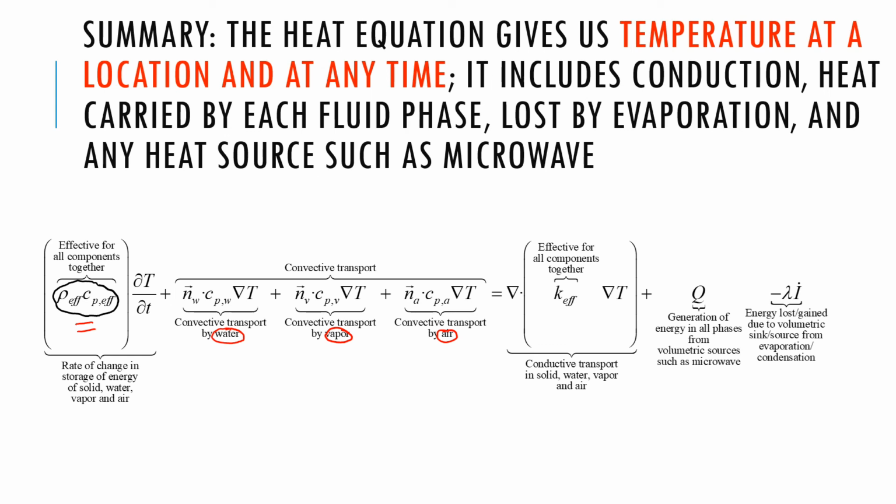So flow of the fluid and diffusive type movement of the fluid as the case is, and thermal conduction, where the thermal conductivity is volume averaged over all the phases, and heat generation that comes from other physics.